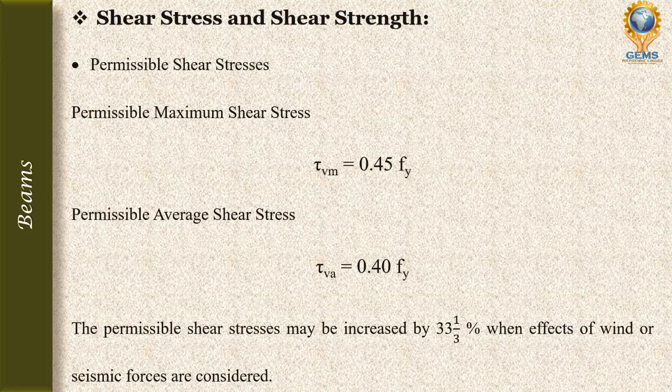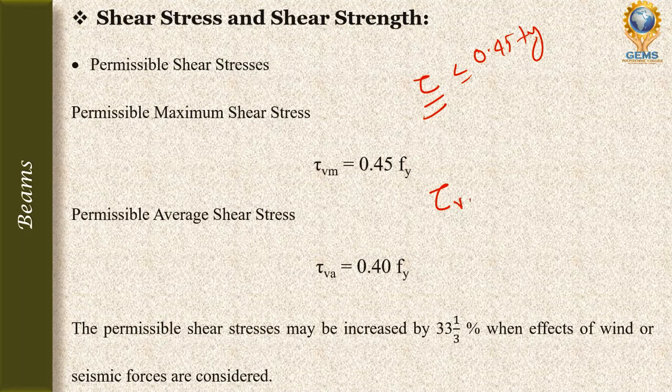What is the permissible shear stress? If you are considering the maximum shear stress, tau v m, then the permissible maximum shear stress is 0.45 Fy. Tau maximum should be less than or equal to 0.45 Fy.